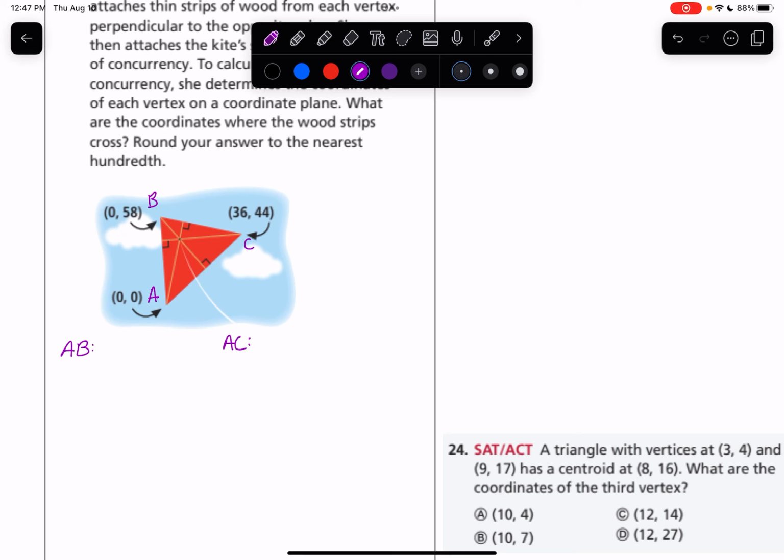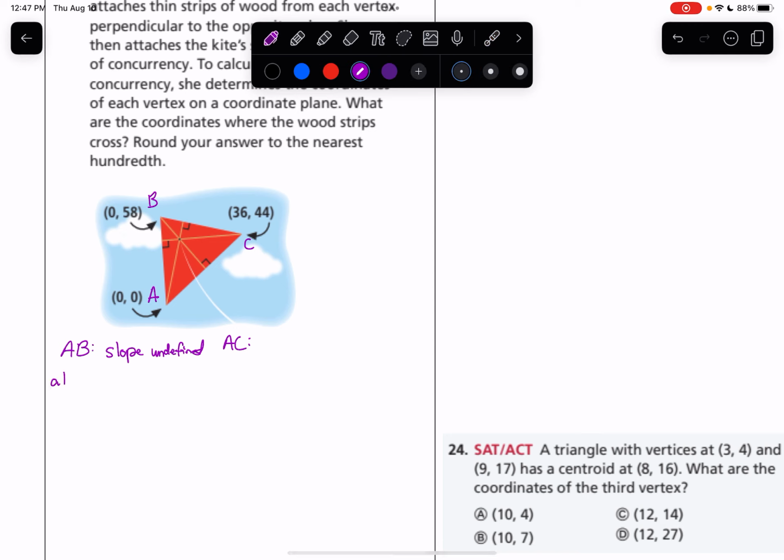So I look at AB, and I first need to find the slope of AB so I can find the equation. The slope of AB is actually vertical. It's undefined because I go from 0, 0 to 0, 58. So the slope is undefined. And when an equation has a slope that's undefined, then the slope of the line perpendicular to it has to be 0. So the slope of the altitude, which is what we want to find the equation for, is 0.